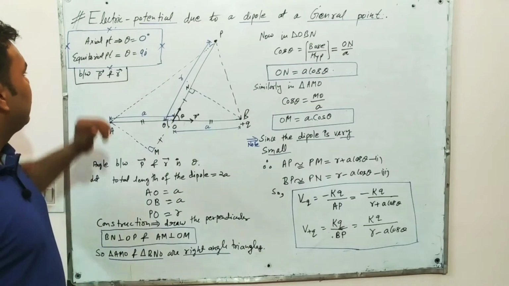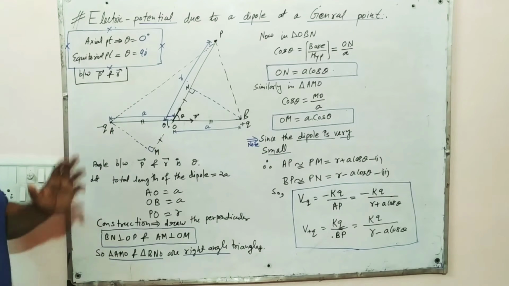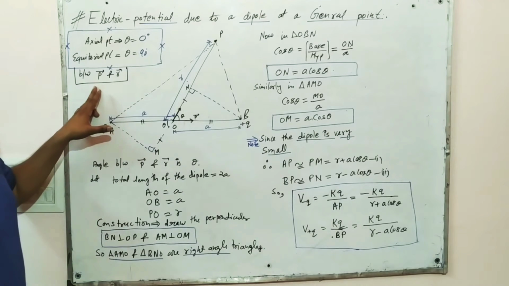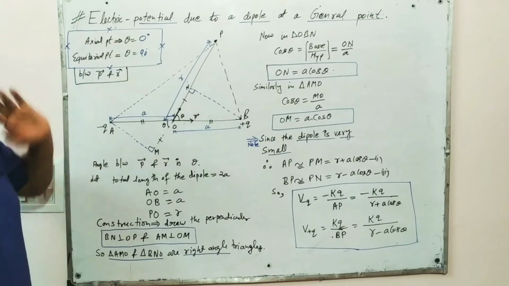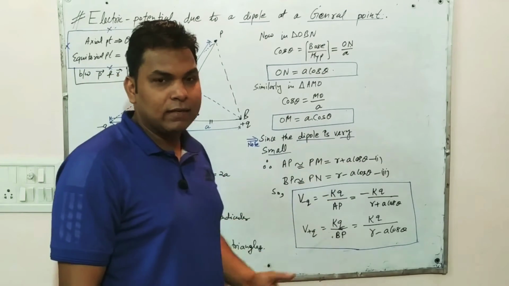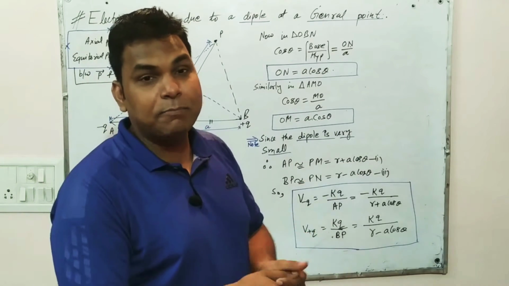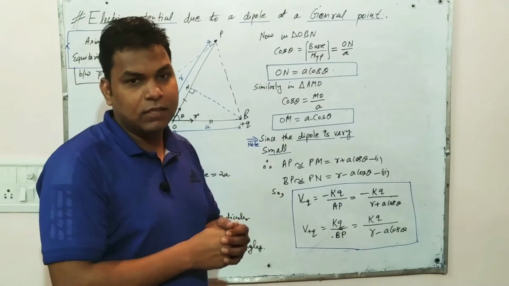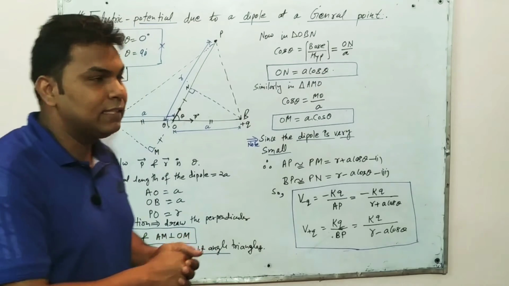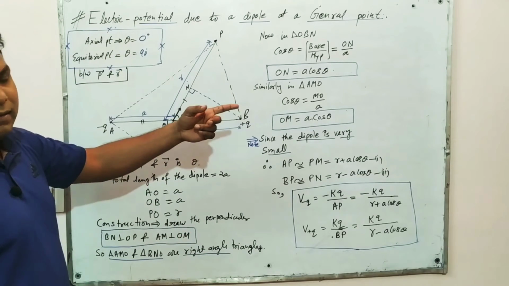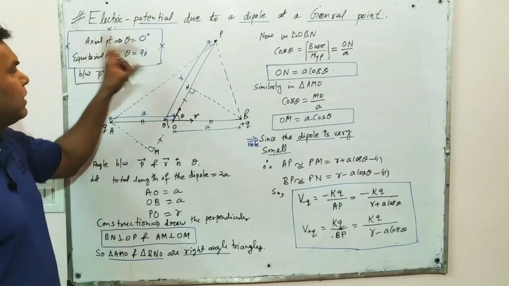Now the axial point means the angle between the dipole moment vector P and the displacement vector R is 0 degree. Means the point P where we have to calculate the electrostatic potential is parallel to the dipole. So the angle between the displacement vector and the dipole moment vector is 0 degree.